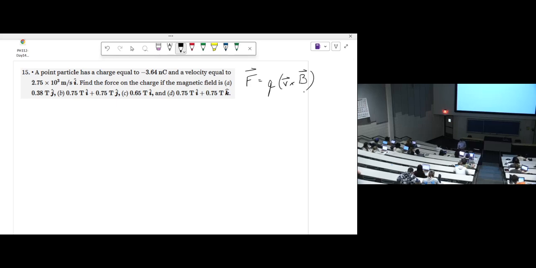So in part A, the force is equal to the charge. The charge in this case is minus 3.64 nanocoulombs, times, let's see, A is 0.38 Tesla in the J hat direction, crossed into, well, no, I've got that backwards. Sorry, it's velocity first.